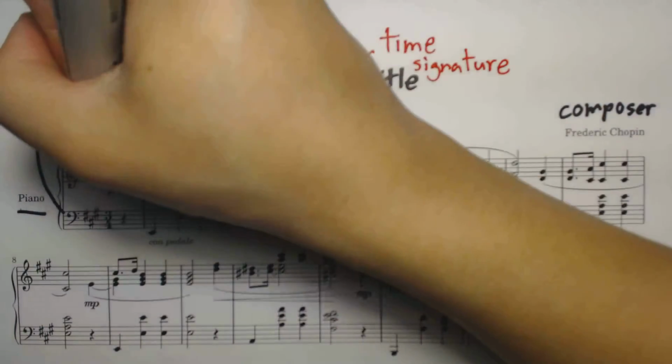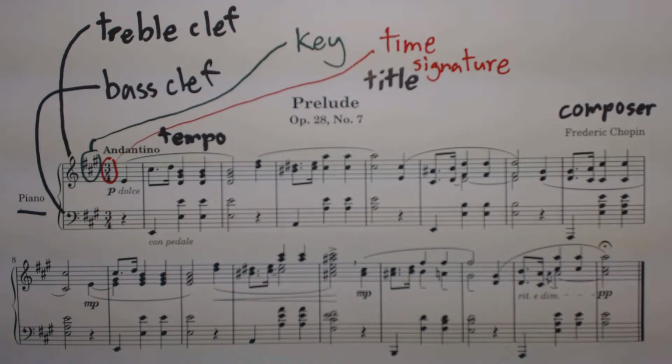This basically tells you how many beats are going in each measure and which note is getting one beat. If you don't understand what I just said, it's okay. We'll go over that in a different video as well. But just know that staffs begin with clefs, treble on top, bass on the bottom, followed by a key signature.